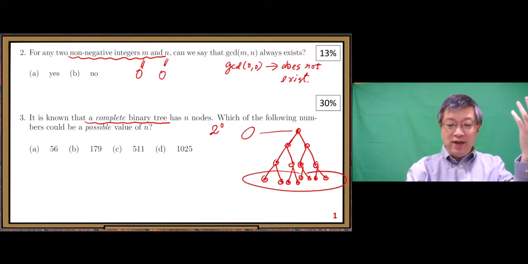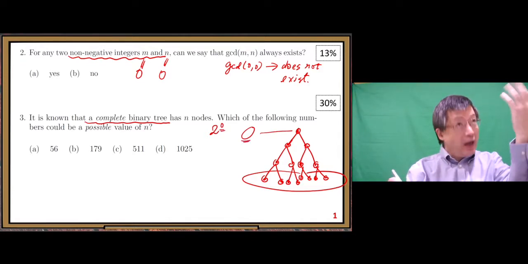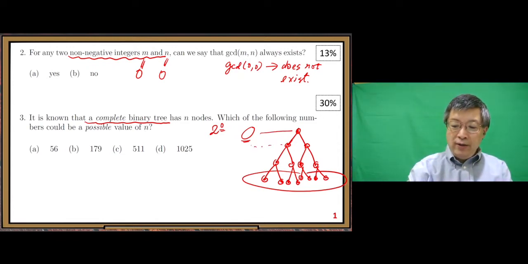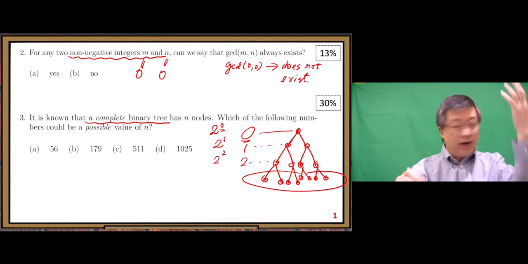The level number and the exponent are the same. Then level 1 has 2 to the 1st nodes, level 2 has 2 squared nodes, and so on.